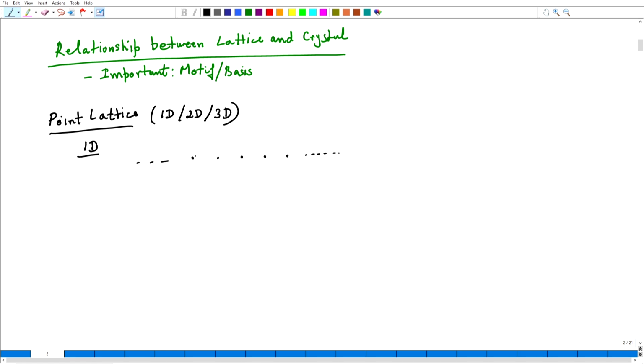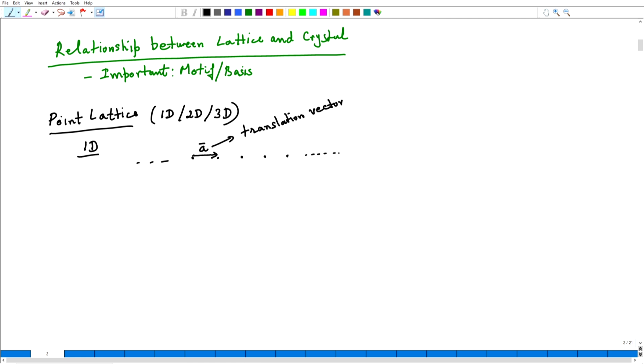And the lattice itself can be defined by a vector, and let me call that vector A, what is also called a translation vector. This vector connects one lattice point to the next lattice point.